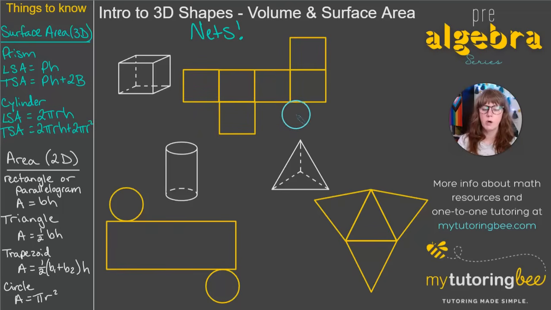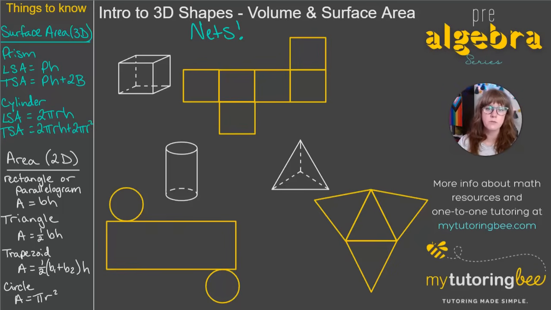This is what we call a net. It just shows the 2D surfaces, all of those flat surfaces of the rectangles that create this box. So even though this is a 3D shape, when we're talking about surface area, we are talking about the two-dimensional surfaces of those three-dimensional shapes. That's why I feel like it gets a little bit confusing for some students.